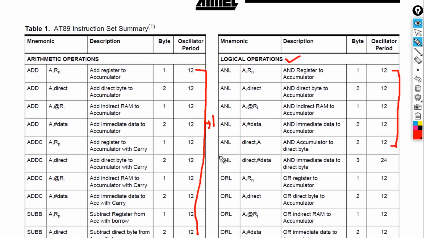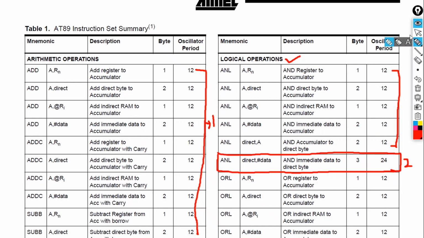Now if you look at ANL, if you want to perform an AND operation with immediate data, then the number of clock periods required is 24, which is 2 machine cycles.